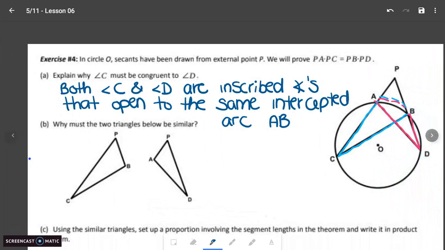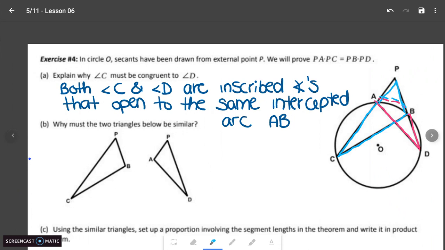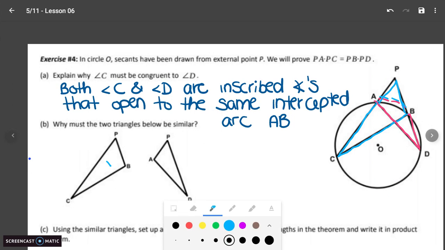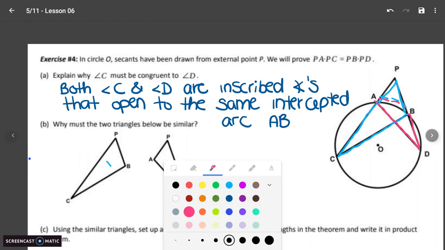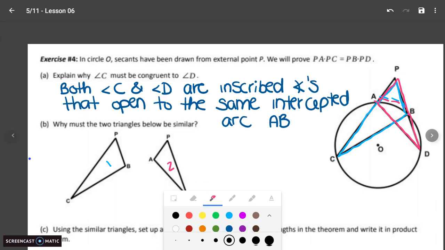So there's one angle. Now notice that here is the first triangle, and here is our second triangle. They both have one very important piece in common.